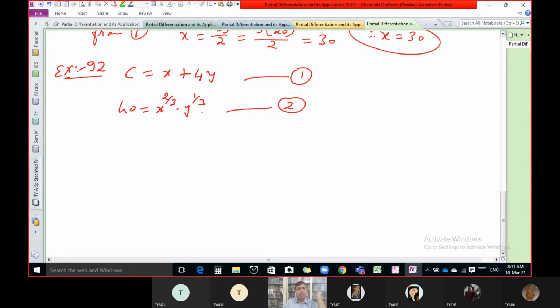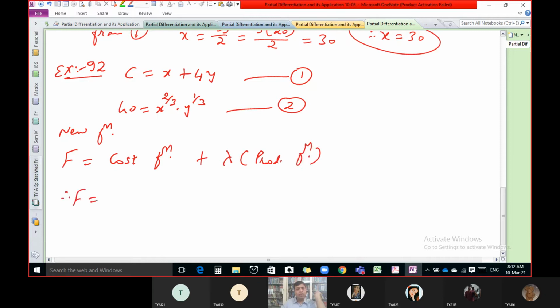That is the question. So first of all, new function capital F equal to cost function plus lambda into production function.